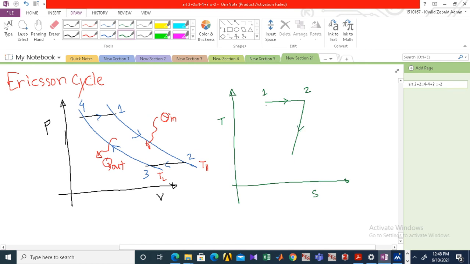So it will look like the previous one, but instead of constant V, pressure is constant. Pressure is constant for 1 to 4 and 2 to 3.